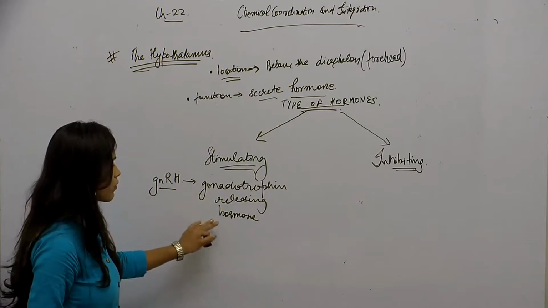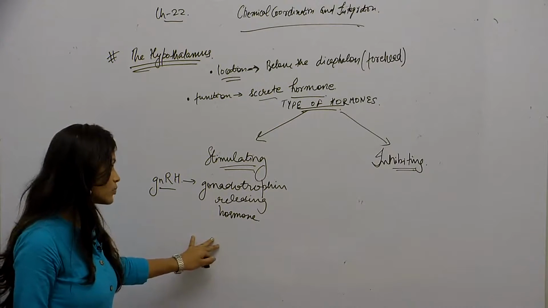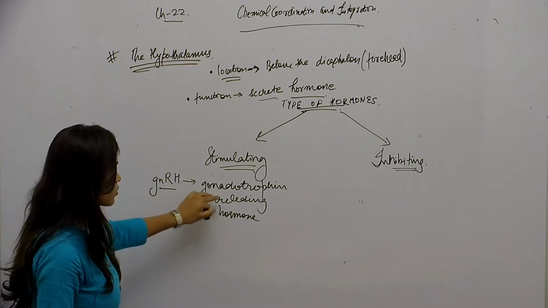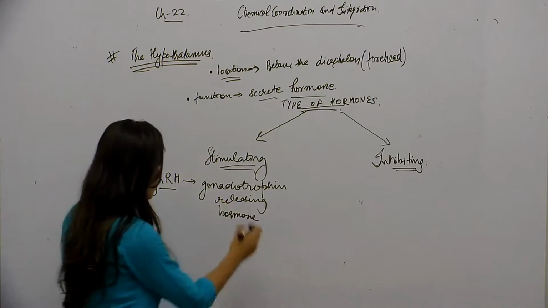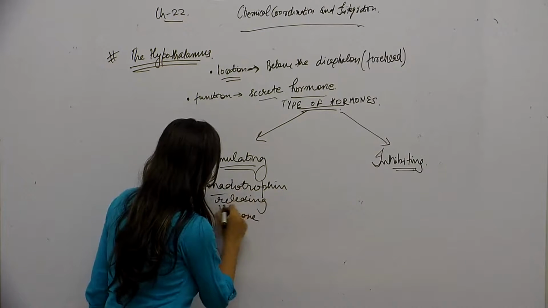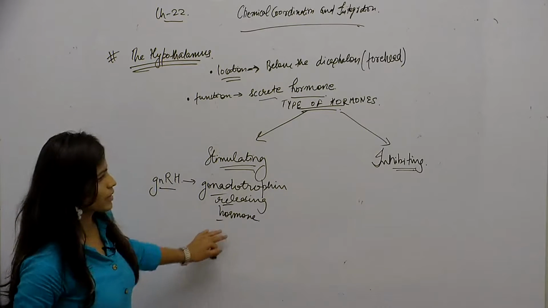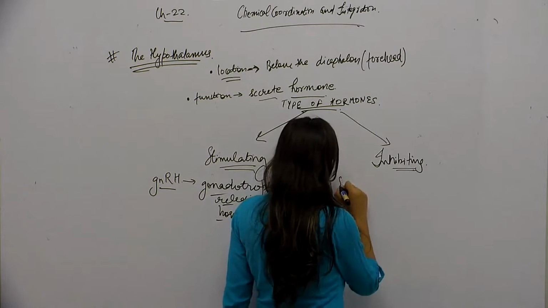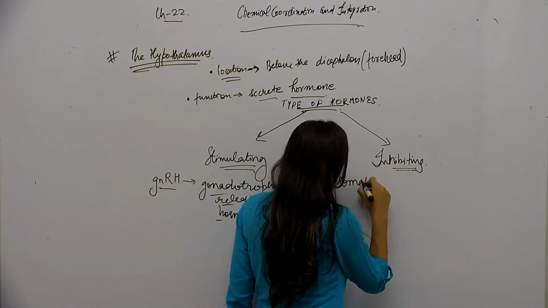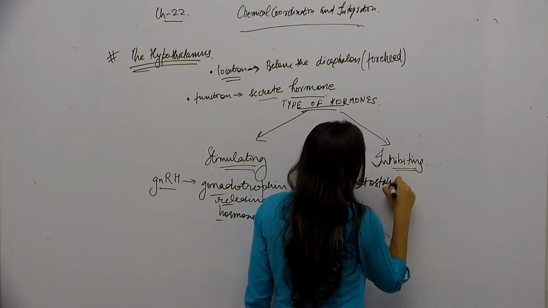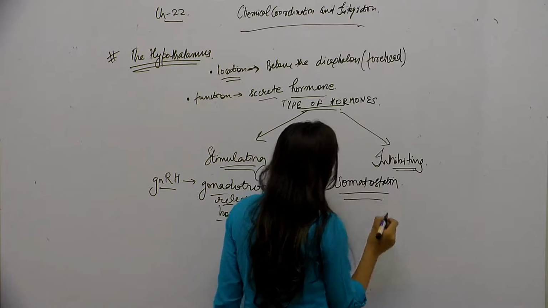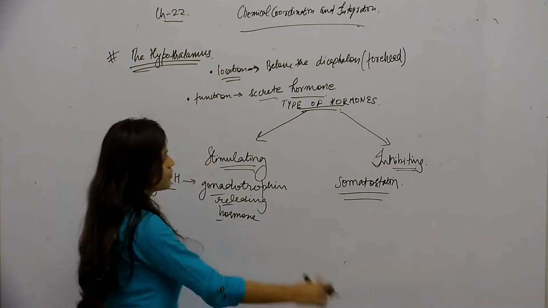The gonadotropin releasing hormone helps in the synthesis of the gonadotropins. And an example of the inhibiting one is somatostatin. So this was about the types of the hormones.